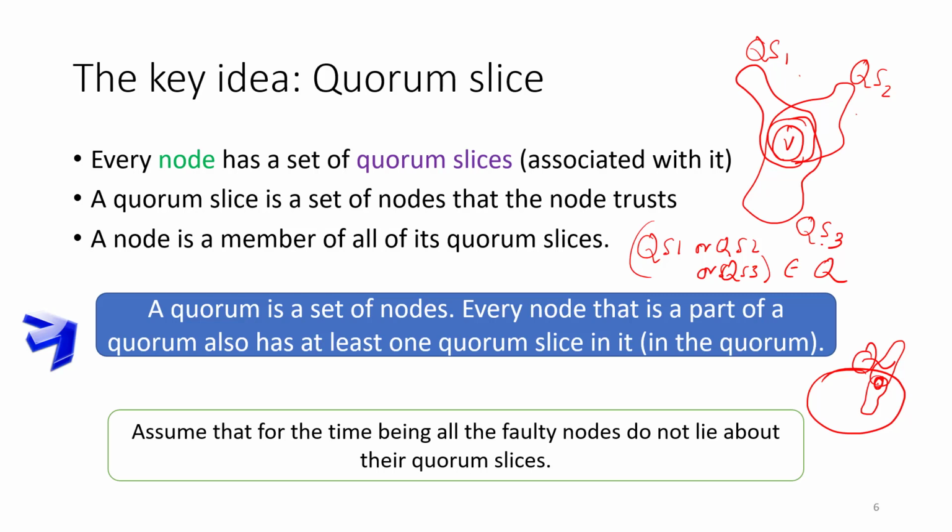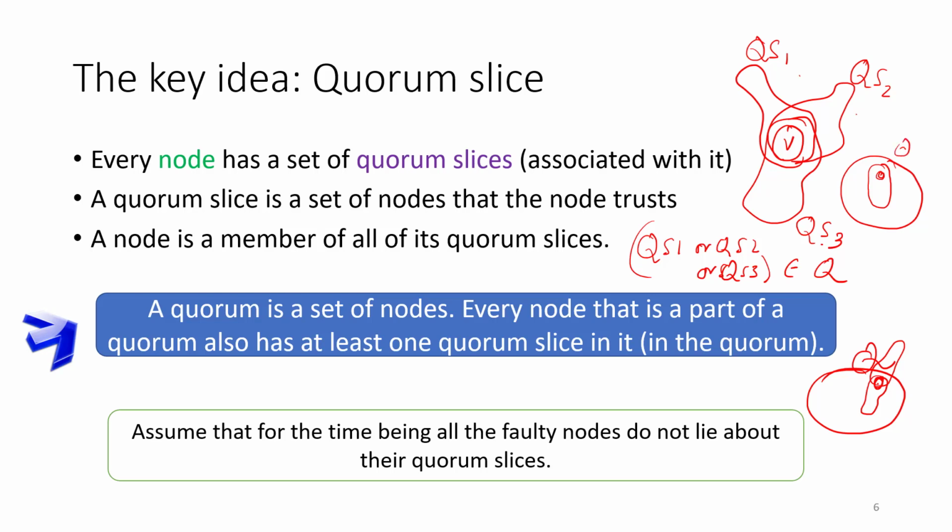So what does this mean? Intuitively, a quorum slice basically is the set of nodes that a given node trusts. Now the moment we have a quorum and we consider every node in the quorum, if one of its quorum slices is within the quorum, then at least what can you say?